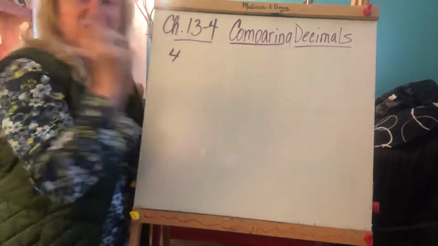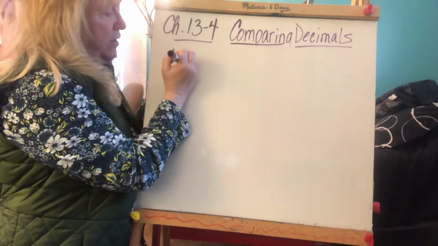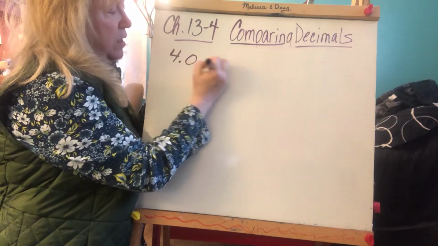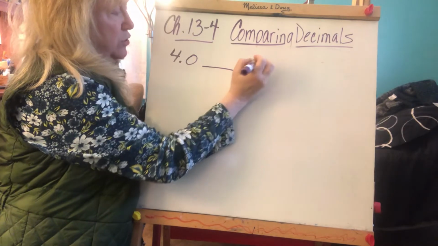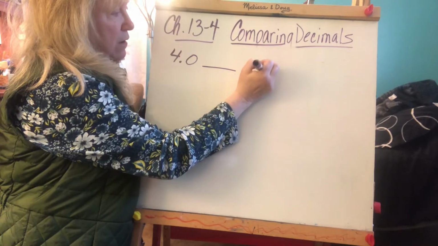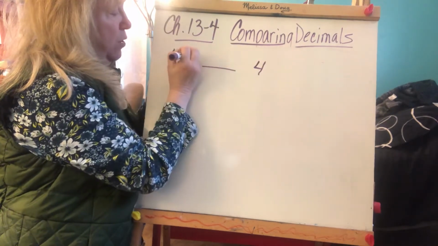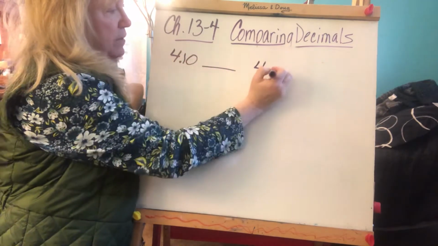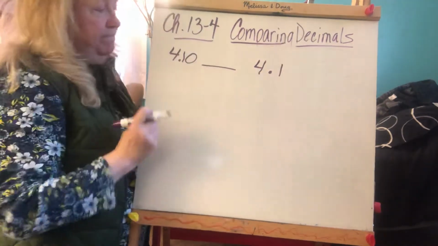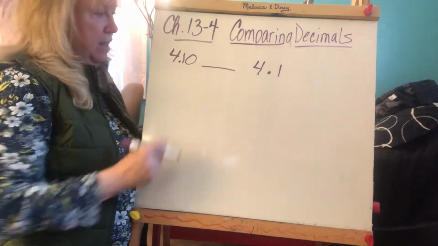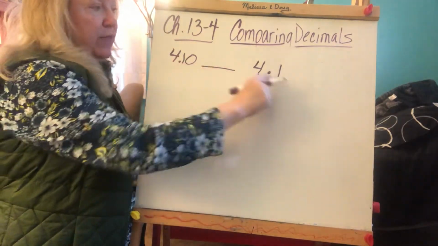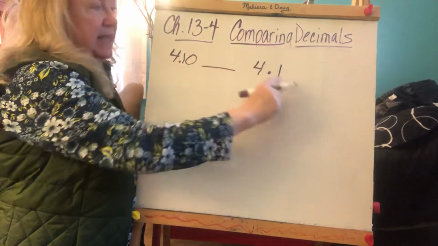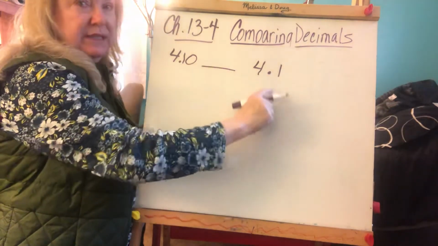Okay, there's none in your textbook, but what if you were given 4.10 compared to 4.1? Is this one greater than this one, less than this one, equal to this one?